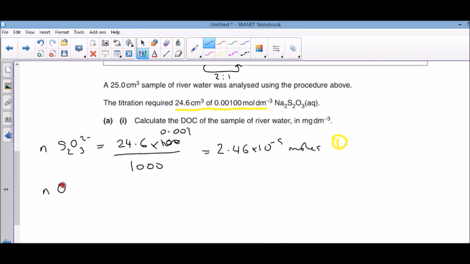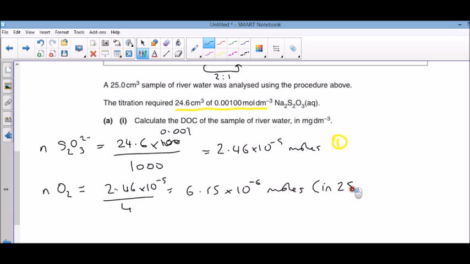So I'm going to do moles of oxygen. And remember, if you get that wrong, you're going to get errors carried forward. So we do 2.46 times 10 to the minus 5 divided by 4 gives us that 6.15 times 10 to the minus 6 moles of oxygen. And that's in 25 centimetres cubed. And that's mark number 2.